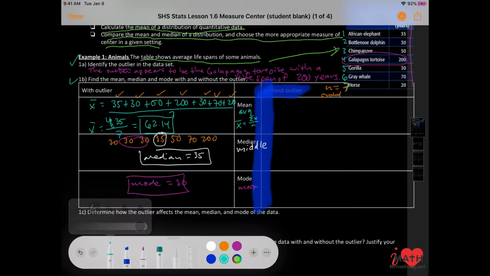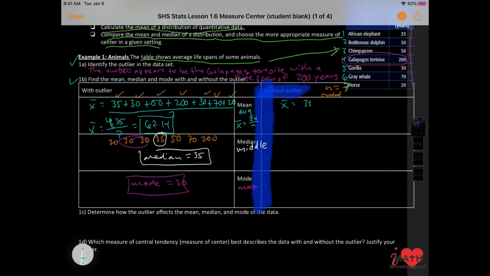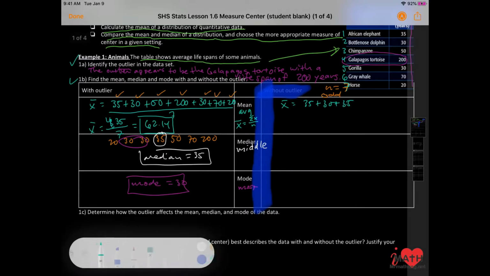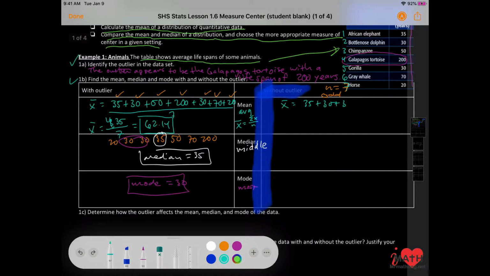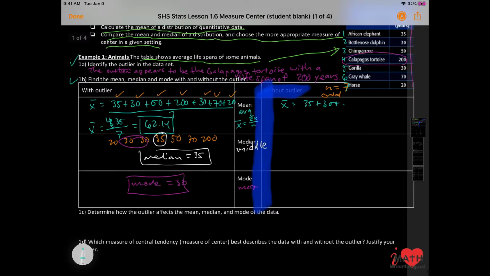All right, so hopefully you've had some time to calculate that. So x bar is 35 plus 30 plus 50 plus 30 plus 70 plus 20 divided by, remember now, 6 numbers on the list.